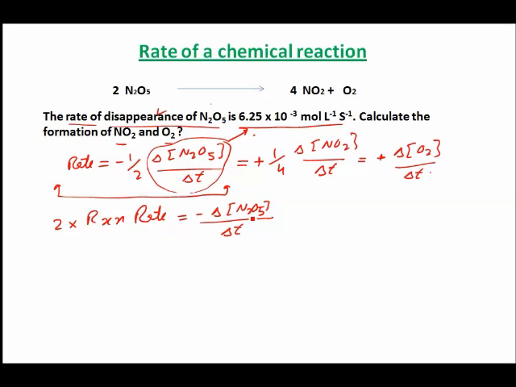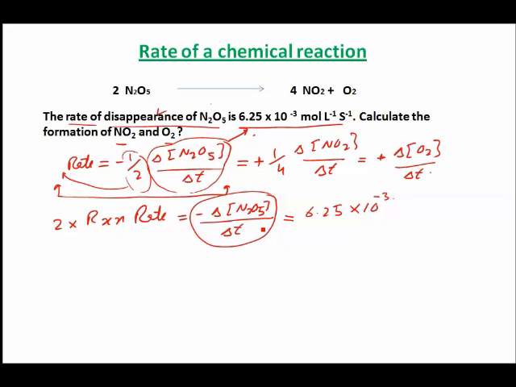If I take this to this side, it will be 2 times the reaction rate. So we are left with the rate of disappearance of N2O5, and that is given: 6.25 into 10 power minus 3. That is the rate of disappearance.